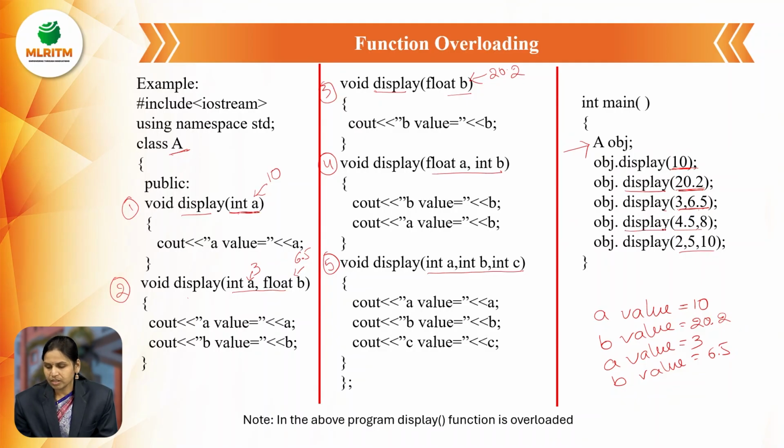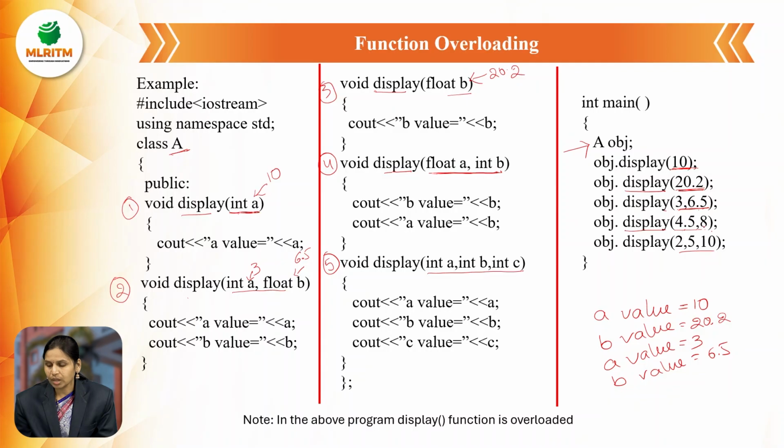Then it calls the display function by passing two values. Here the parameters are 2, but the order is float and integer. Now the control first goes to the first function. It is not matched. Then it goes to the second function definition. It is not matched. Then it goes to the third one. It is not matched. Then it goes to the fourth one. It verifies the function name and the number of parameters, that is 2, and also the order of the parameters.